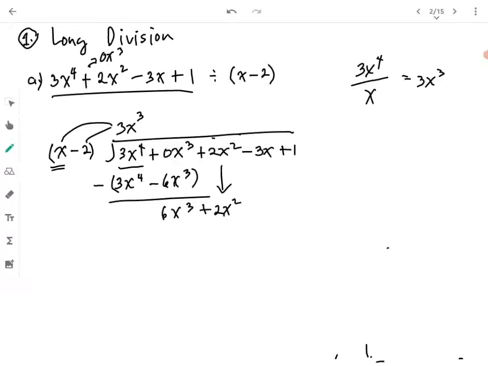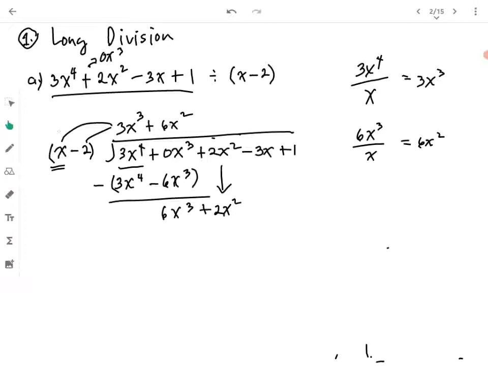After we bring down, we divide again. What we divide is the first term of this one and this one, so that is 6x cubed divided by x. That gives us 6x squared, which is positive, so we write positive 6x squared.